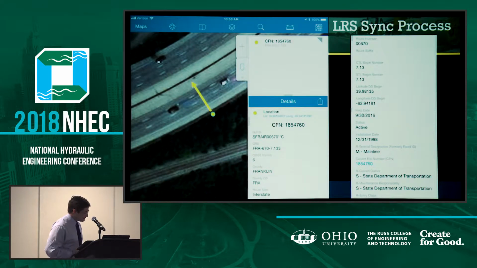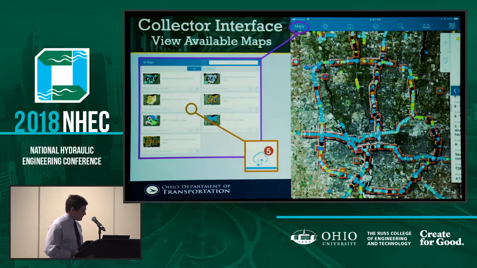Alrighty, so I talked a little bit about the sync process already. And I'll just go over a couple of the interface. This is actually the first time I've showed you the Collector app interface. So you can pull up the maps, and you'll see on the left that we have all different types of databases in there.